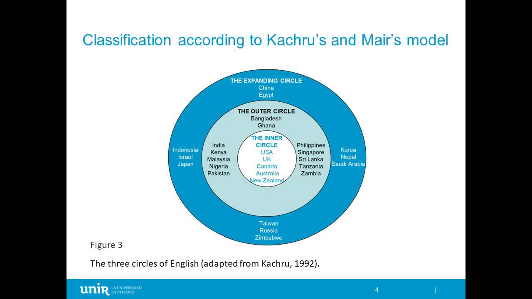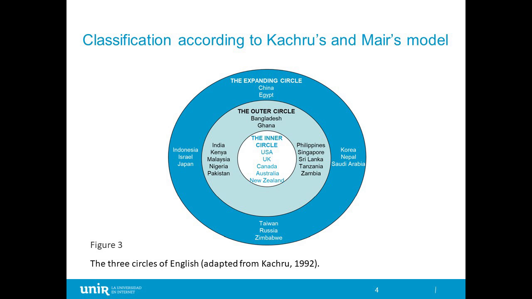Talking about the classification according to Kachru's and Meyer's models, we have to remember that in Kachru's model, Irish English is not established. Kachru mentioned three different circles in his model, and he mentions the inner circle, which refers to traditional and cultural English bases.